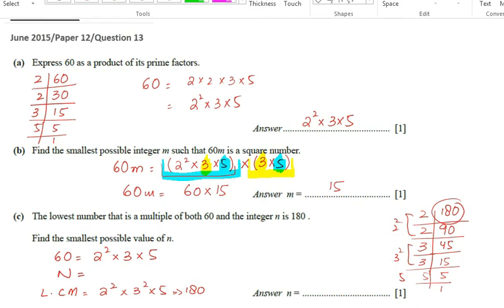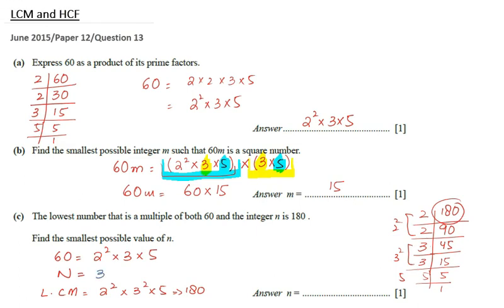So if I write here, for example, 3 square, and find the LCM of this 60 and n, are we getting this answer? Let's check. We have 2 square, so 2 square has come from 60. Then 3 square has come from this n.